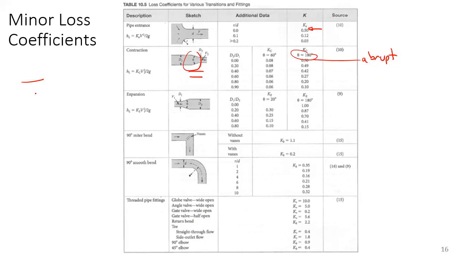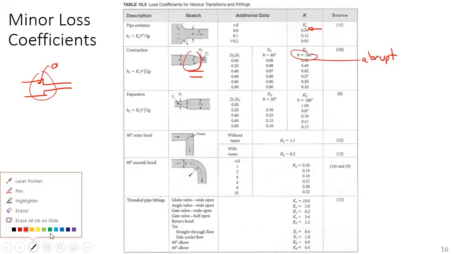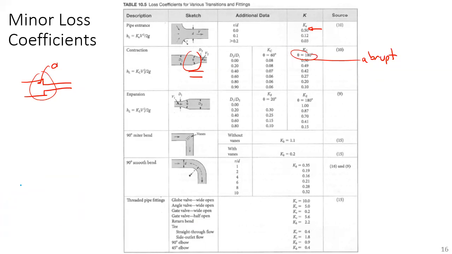But also for a gradual contraction, you have this blunt wall, and that's creating a lot of excess turbulence in that location. So that's why the abrupt contraction would have a much higher energy loss coefficient than a gradual contraction.